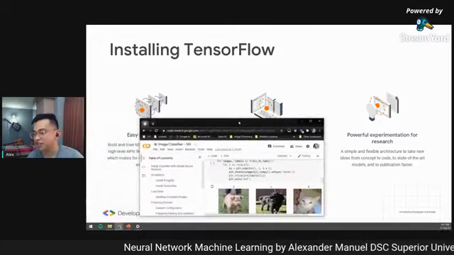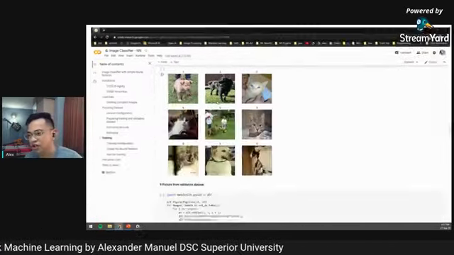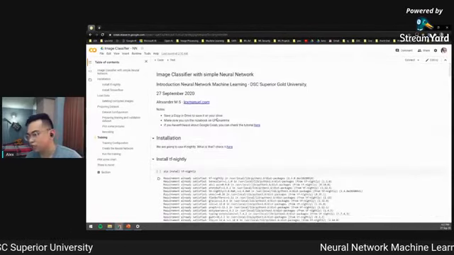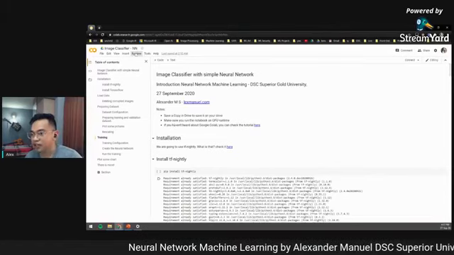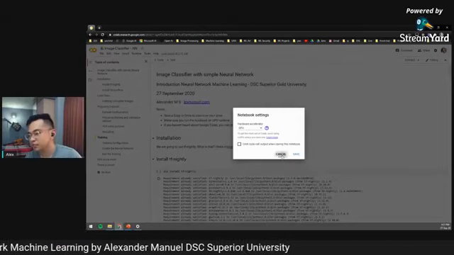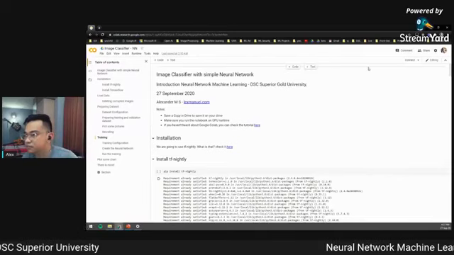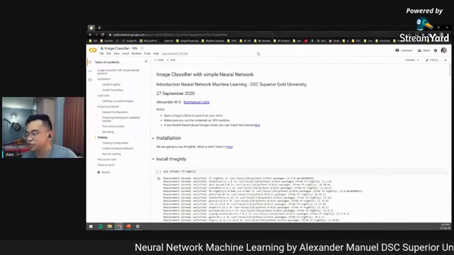We use Google Colab. Some of you may not know about Google Colab. It is a very powerful tool that we can use for machine learning. You can use a GPU for that. It's web based, and you can access it everywhere using your Google Drive.